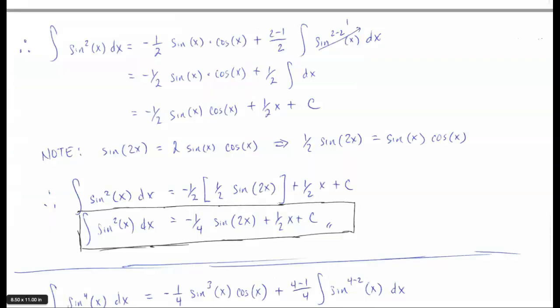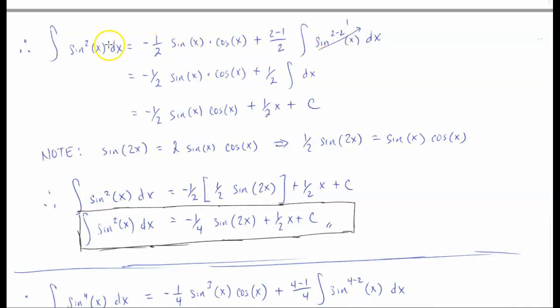So if we use that formula to figure out what sine squared of x dx is going to be when we take the most general antiderivative of it, we use that same formula here, and you see that we'll get minus 1/2 sine x cosine x. And then this is the n minus 1 over n part, which ends up being another 1/2, times sine raised to the n minus 2 power.